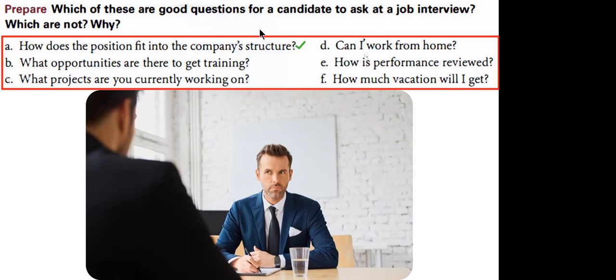Okay, this depends too, because for example, in my position, I am a quality auditor. So in this position, I don't have enough projects to do. So it depends on what position you are.